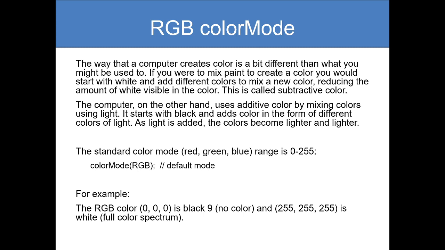Again, this is when we're talking about light. It's not necessarily true whenever we're talking about something like an artist working with pigments, such as in an art class or working with paint. So 0, 0, 0, for example, would give us black. There's no light being given out. Whereas 255, 255, 255 is going to be white. It's all of the color being given at one time.